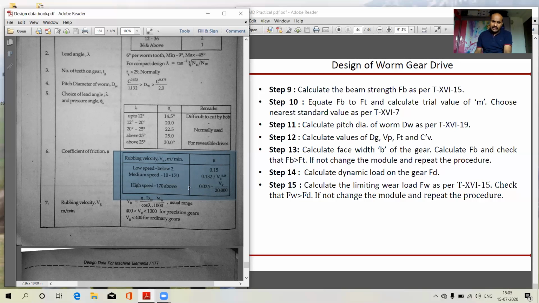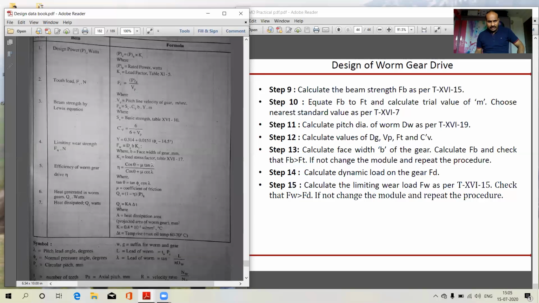So accordingly, you have to calculate that particular coefficient of friction. After the coefficient of friction, there is one more term. Q is what? Heat generated. Now, in this way, you can calculate the efficiency of worm gear.